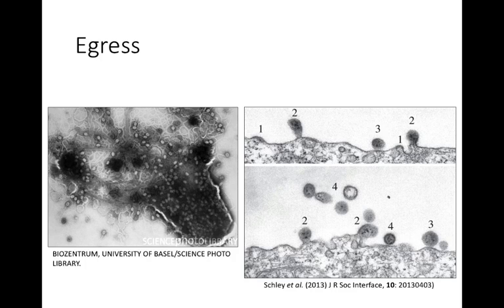Here are a couple of different images. The one on the left is an example of lysis. In that particular image, we have a bacterial cell. You can see the remnants of the cell membrane and cell wall here, and all of these little circular-like structures are phage heads.